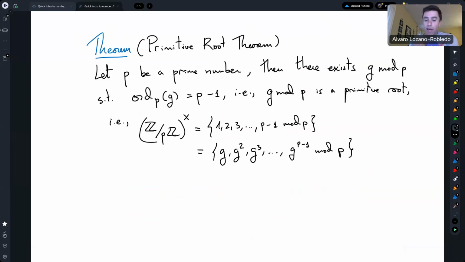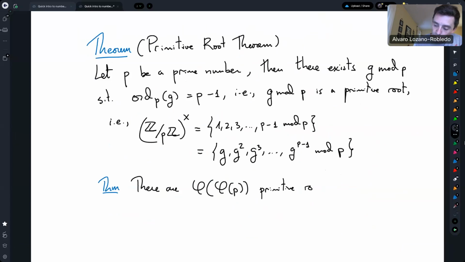And another theorem is that there is a primitive root, and in fact there are phi of p minus 1 primitive roots modulo p.